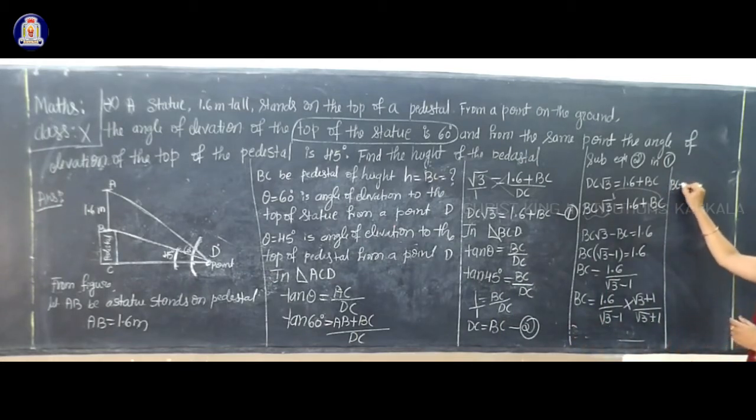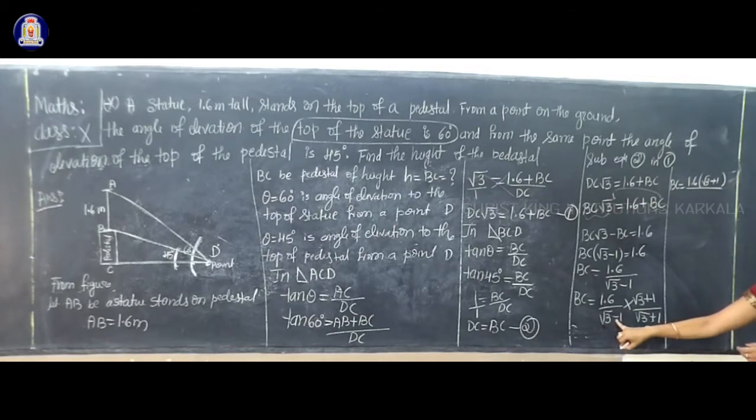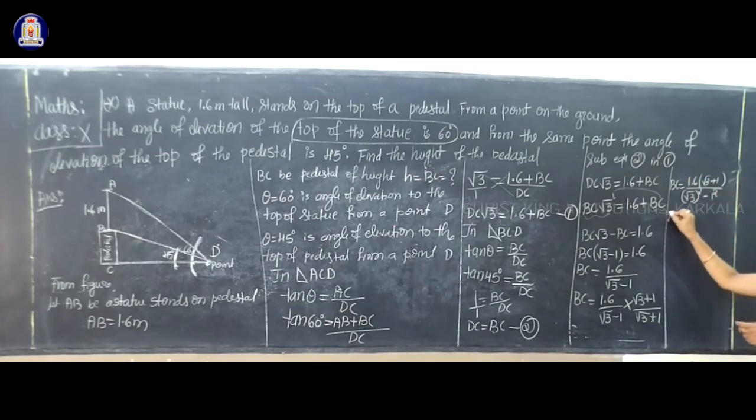So BC is equal to 1.6 root 3 plus 1 divided by A square, means root 3 square minus 1 square. Root 3 square, square and square root cancel, that is 3 minus 1 square is 1. So BC is equal to 1.6 into square root of 3 plus 1 divided by 3 minus 1, which is 2.